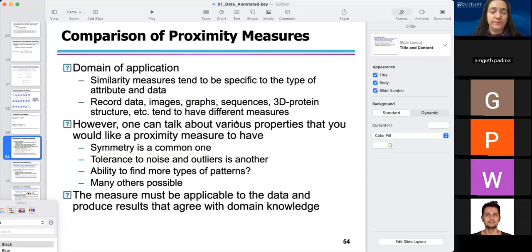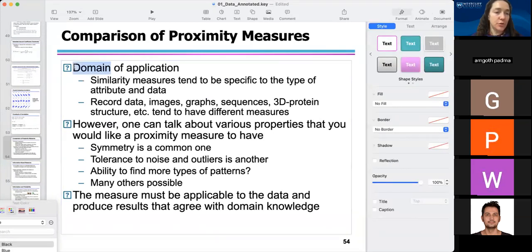The way we measure the distance or the similarity, we have seen several measures. We need to decide which one to use. The way we choose that is depending on what kind of data it is, so the domain of the data.